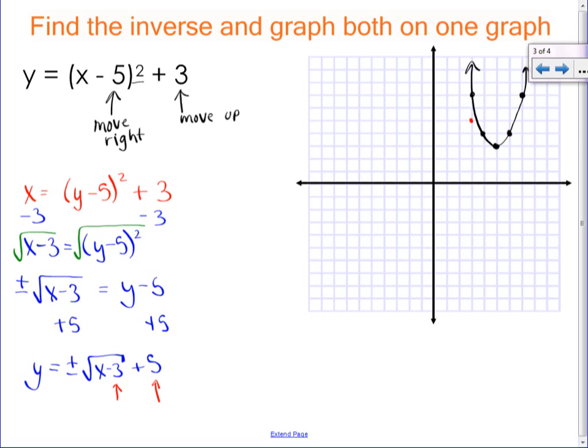That's the vertex. Now remember, this is just going to be a parabola on its side. So if we were to draw this in, and we just sketch this, your picture will look like that.